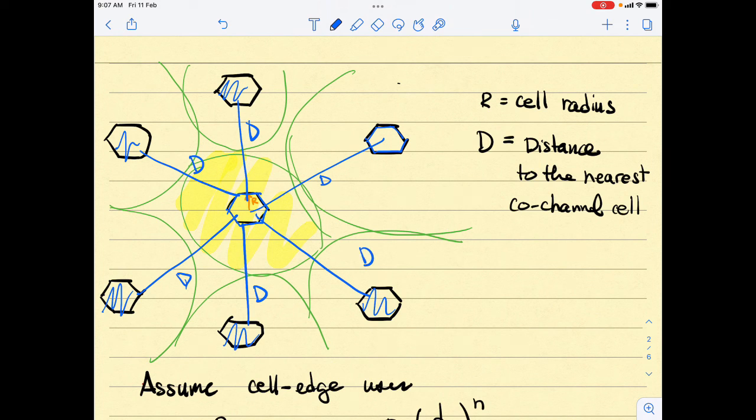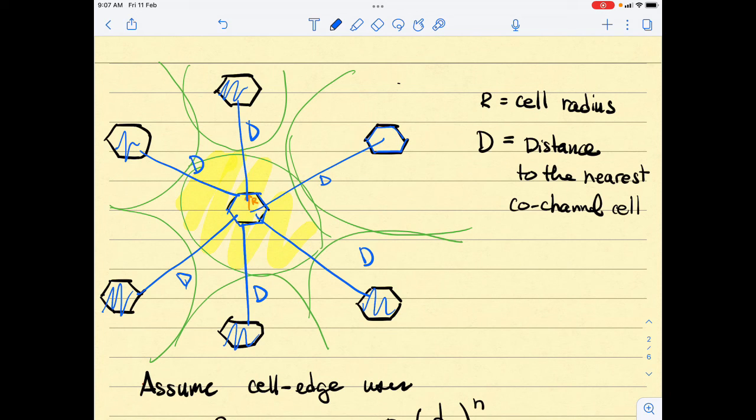Now you might ask, what about other clusters which are farther? Of course, there would be co-channel cells which are farther away, but those cells will not affect that much because of the larger distance. So we're going to focus on these 6 cells, which are the closest to the cell that we are considering.